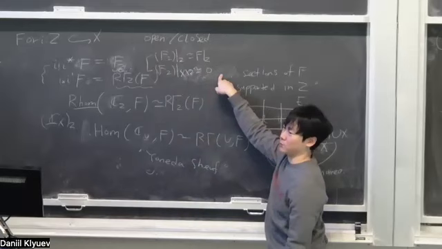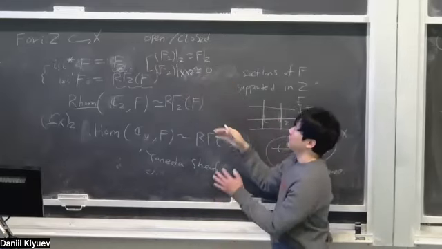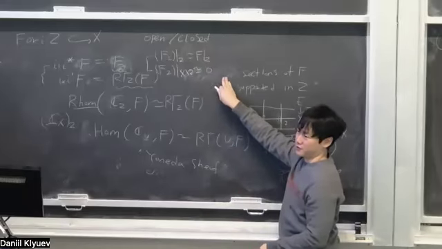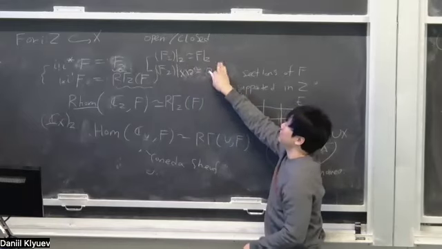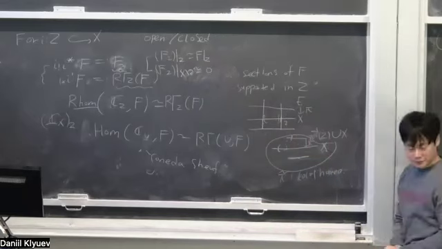So all the stalks not in Z vanish, and the stalks in Z are just the same as F.